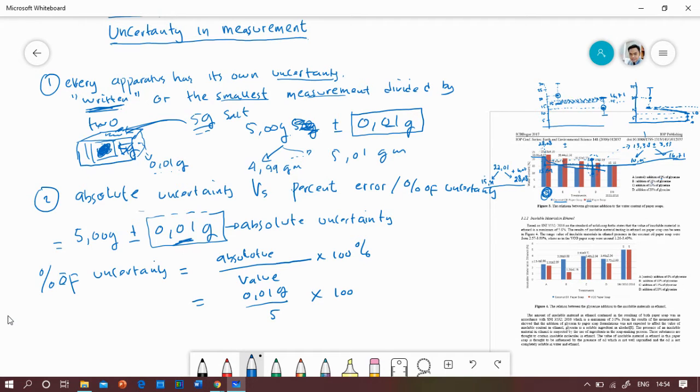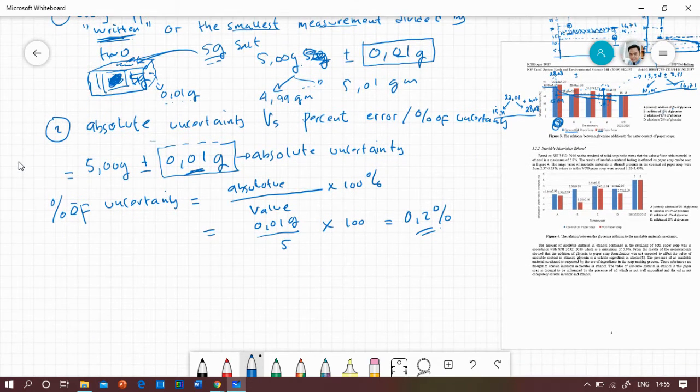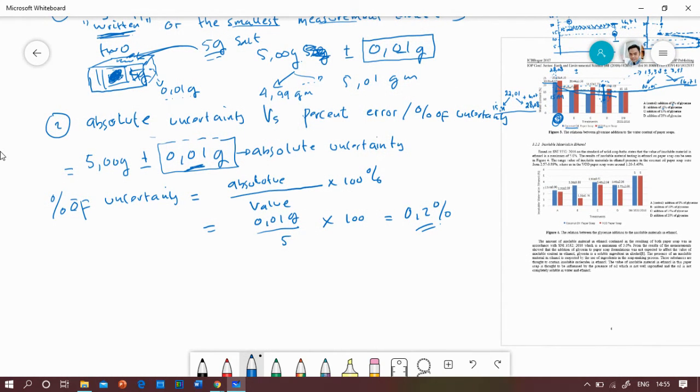So it's going to be, I think, 2%. Yeah, right? No, 0.2. Oh my God, 1 divided by 5, 0.2. Yeah, 0.2% of uncertainty.